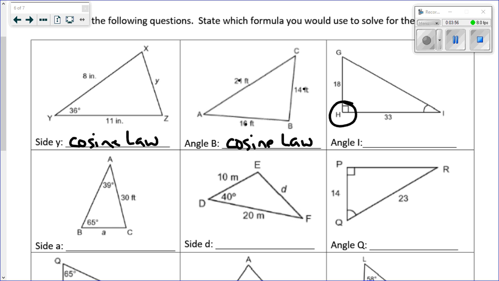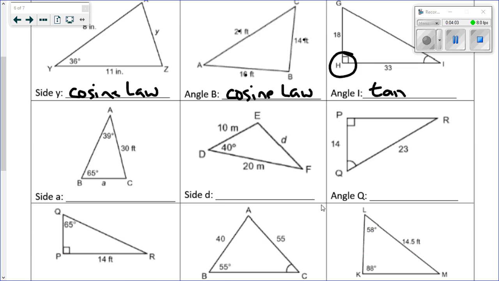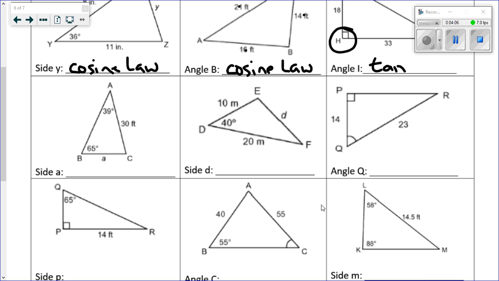Okay, this time we do have a 90. We're looking for angle I: tangent. No 90 again.